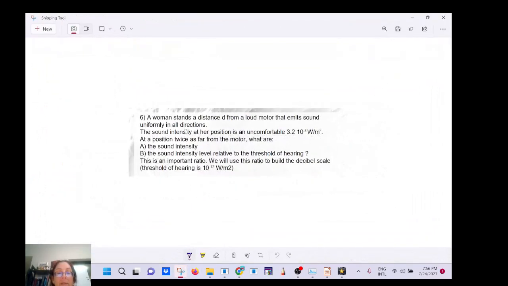Sound uniformly in all directions. So again, that means you can use this equation here. Uncomfortable, so that means it hurts, the sound is too loud.